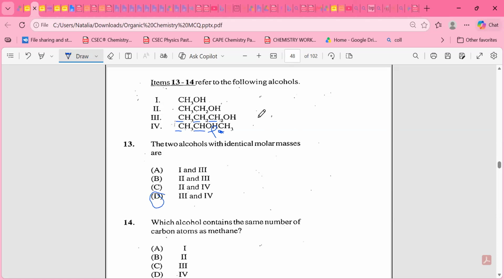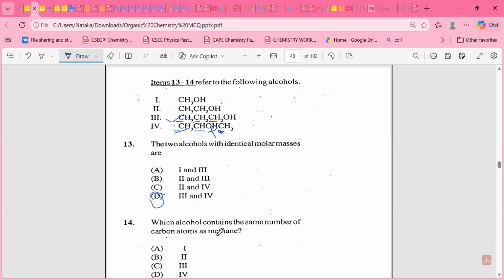So one is propan-1-ol, or 1-propanol, and 2 and 4. This is propanol or propan-1-ol. This is 2-propanol or propan-2-ol. The hydroxyl is on the second carbon.